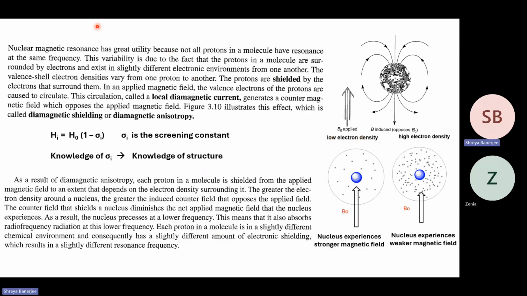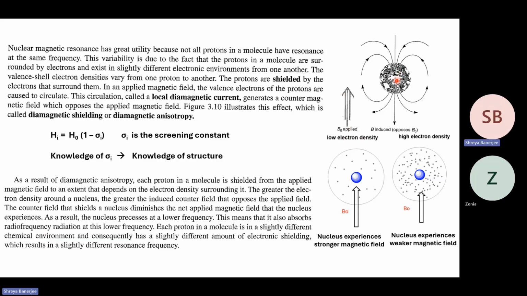Now we will go into some properties of NMR. Suppose you have a nucleus that is surrounded by very few electrons. So basically, I'll discuss this. This nucleus is shielded by the different electrons that surround it. When you apply a magnetic field, these electrons circulate.